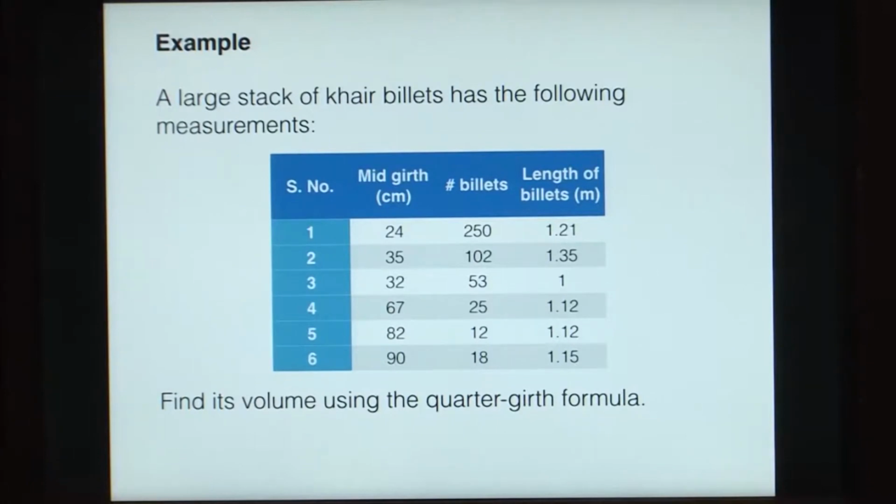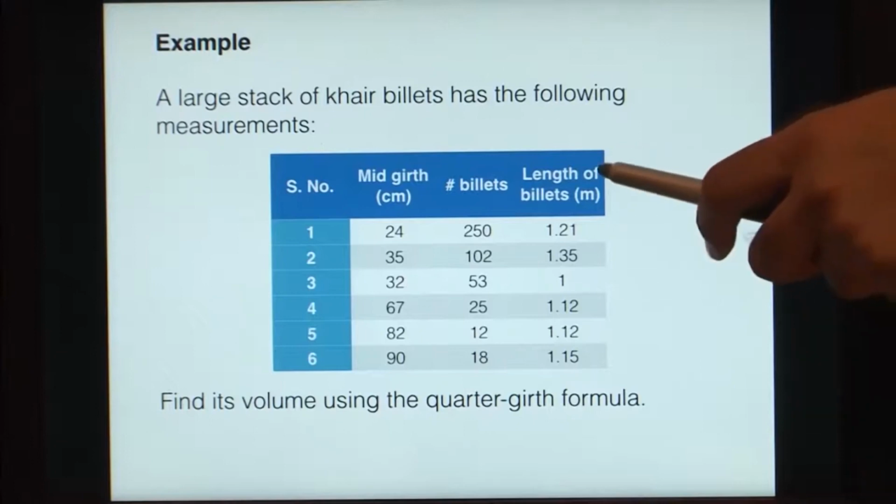We are given a number of substacks with the middle girth and the number of billets in each, and the length of the billets is also given, and we are required to find its volume using the quarter girth formula. Here again the mid girth G is given, and the quarter girth is G by 4. The volume of one piece of wood will be (G by 4) square into the length of the billet.